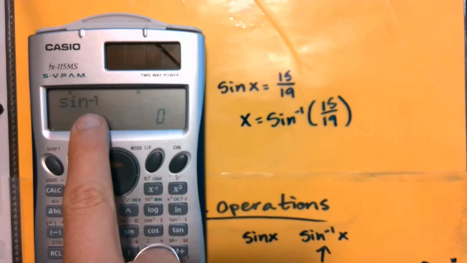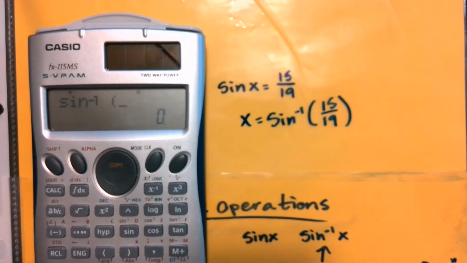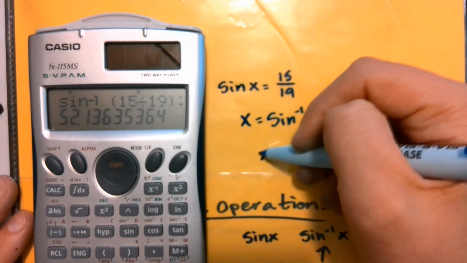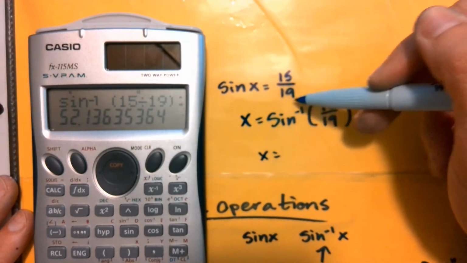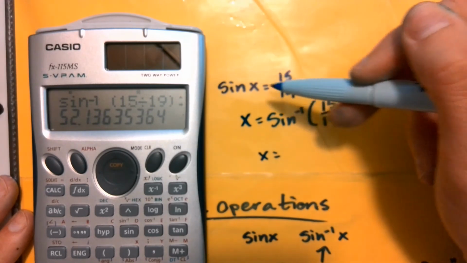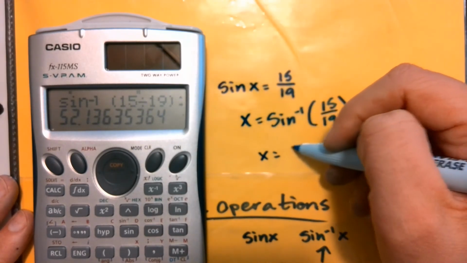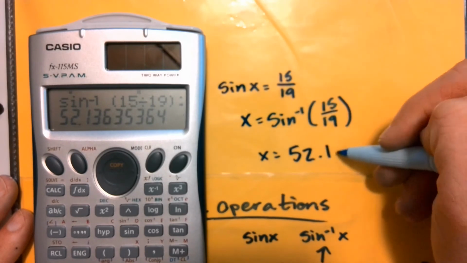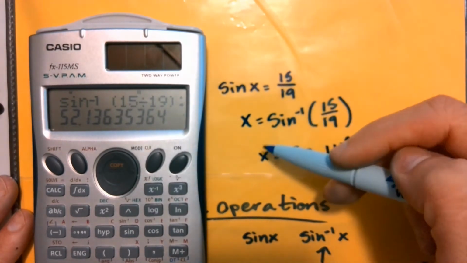And so it'll say sine inverse there of my 15 over 19. And in that fraction, I definitely want to go ahead and put it in parentheses, dividing them. And it's going to tell me that if I have this ratio of 15 over 19, then the angle that it came from had to be 52.14 degrees, something like that.